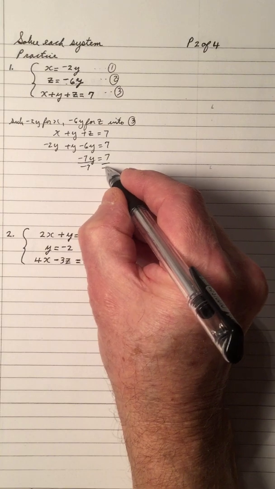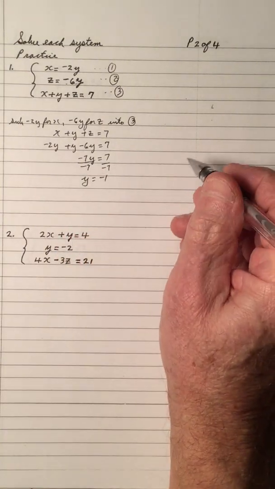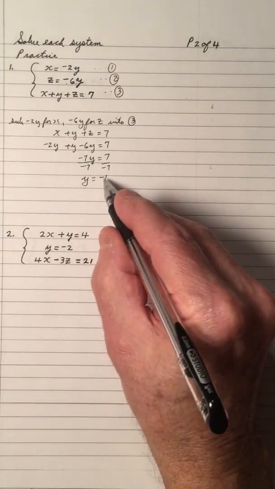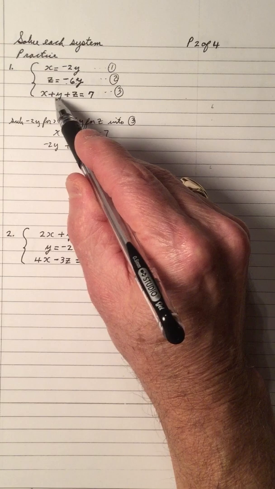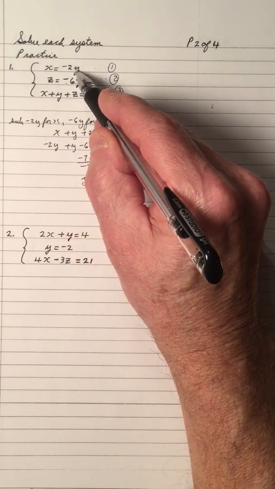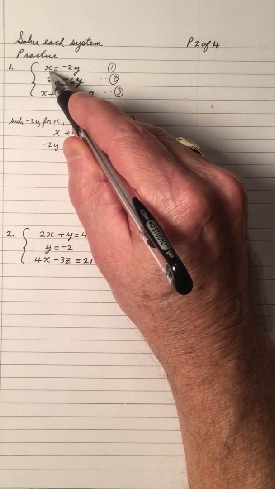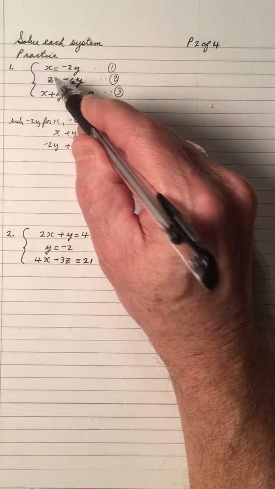Divide by negative 7, so y equals negative 1. Now that we have one variable, if I put the y into the first equation, I'll get the x, and if I put the y into the second equation, I'll get the z.